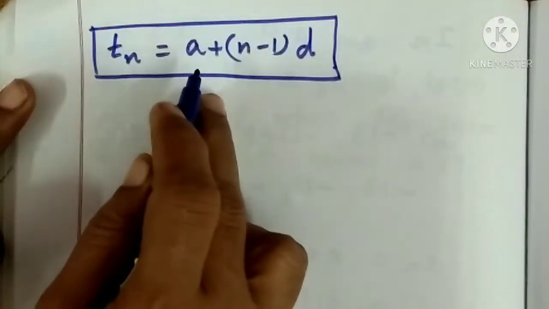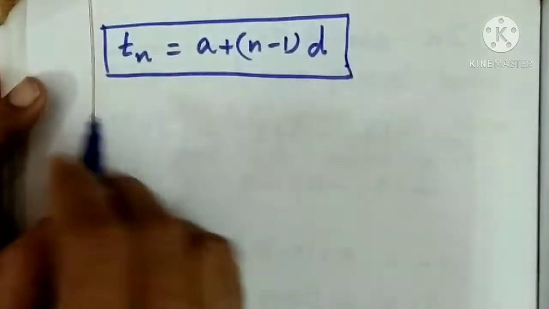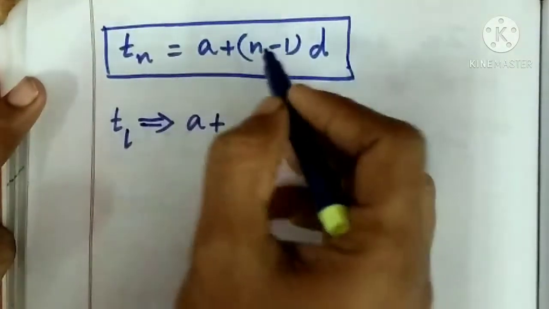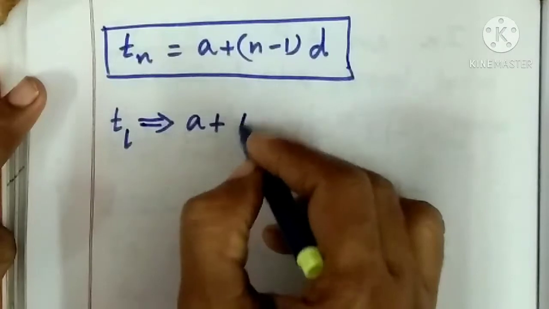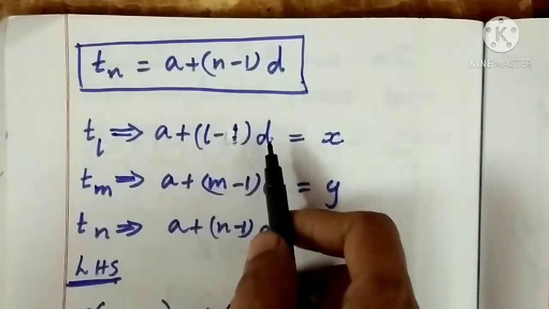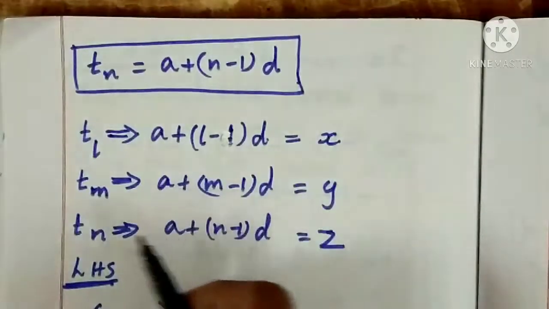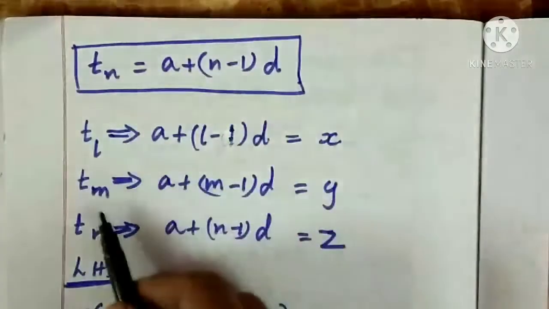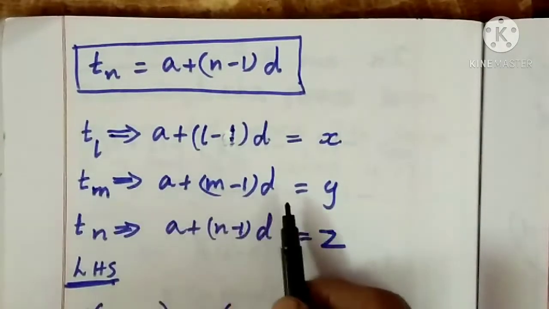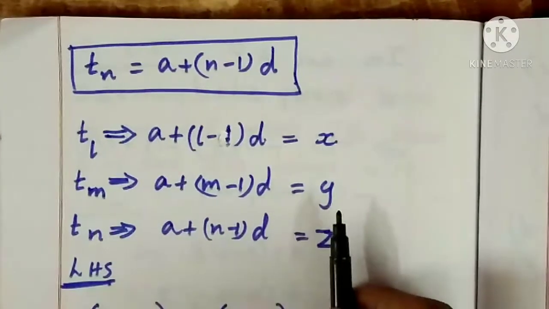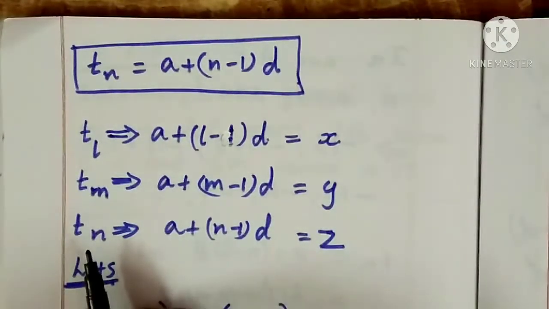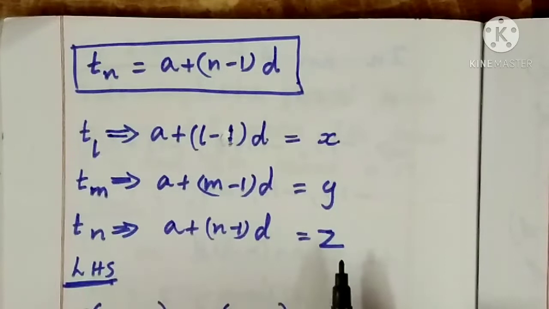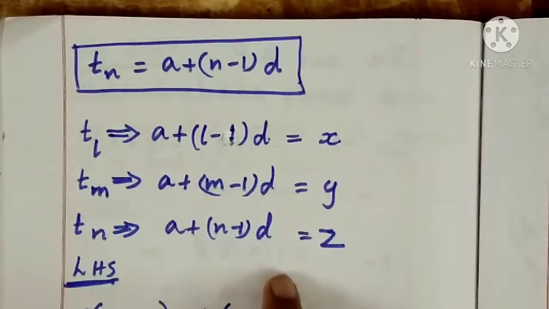Now, you have to apply this formula for the given, that is TL implies a plus, instead of n here given L, so (L minus 1) into d is equal to x. Similarly, you write Tm implies a plus (m minus 1) into d is equal to y. Then next Tn is equal to a plus (n minus 1) into d is equal to z.